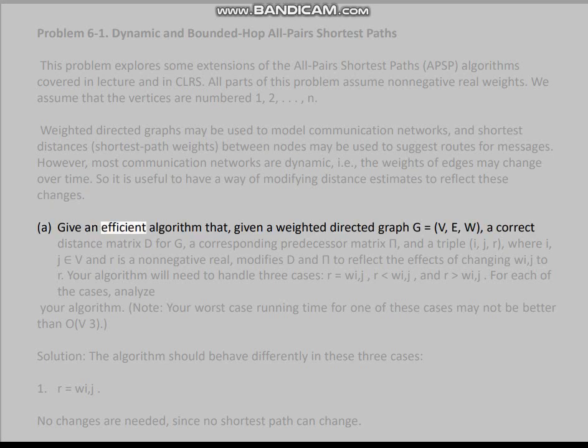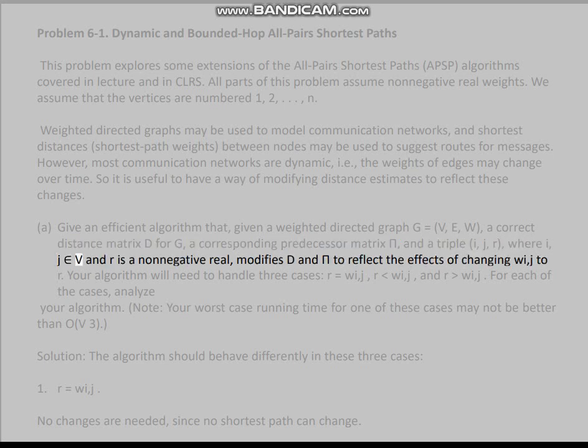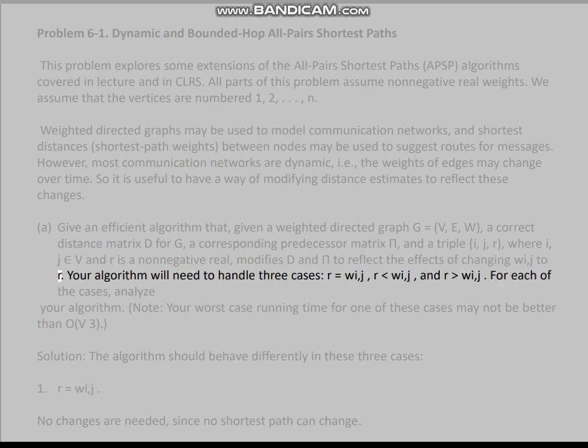A. Give an efficient algorithm that, given a weighted directed graph G = (V, E, W), a correct distance matrix D for G, a corresponding predecessor matrix pi, and a triple (i, j, r), where i, j are elements of V and r is a non-negative real, modifies D and pi to reflect the effects of changing w(i, j) to r.